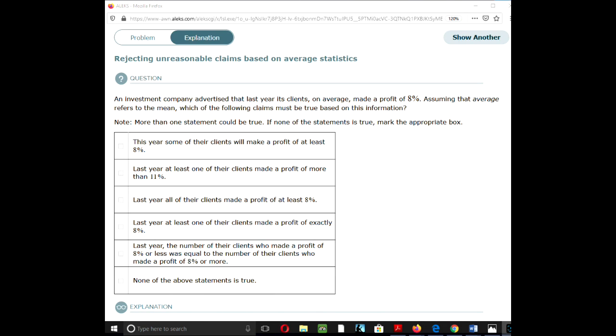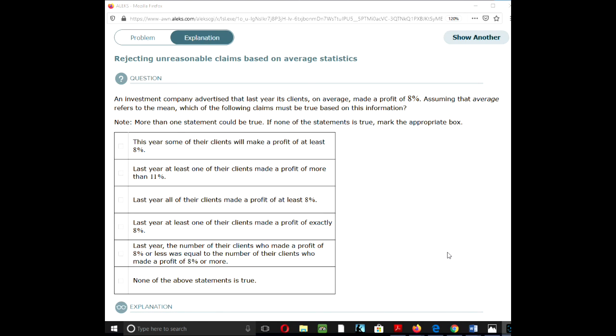Now, the first one stated that this year some of their clients will make a profit of at least 8%. The statement did not say that they will make a profit of at least 8% this year. However, it did say that last year its clients on average made a profit of 8%. So that's not true.